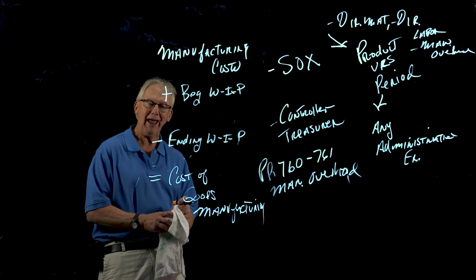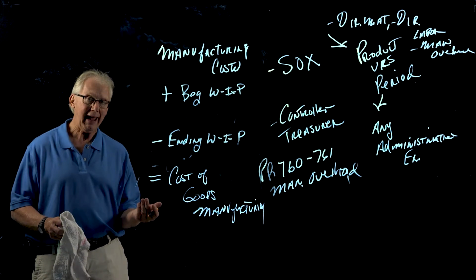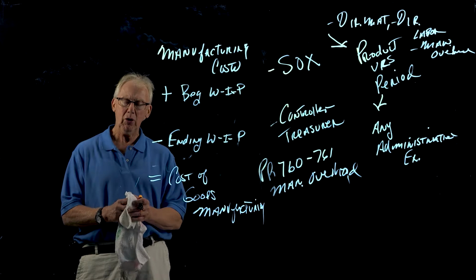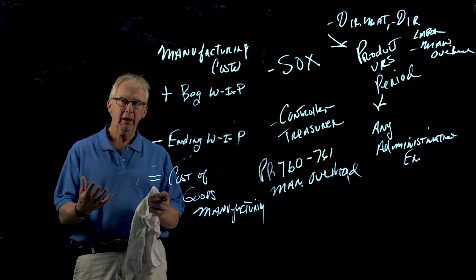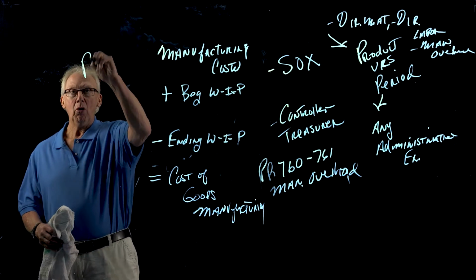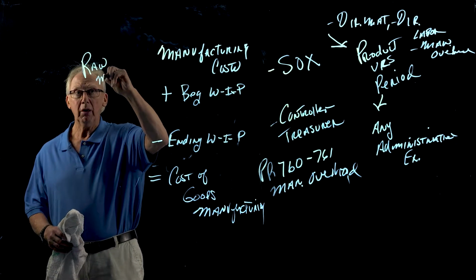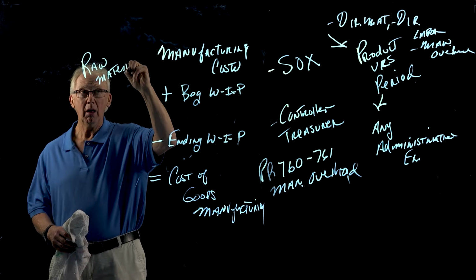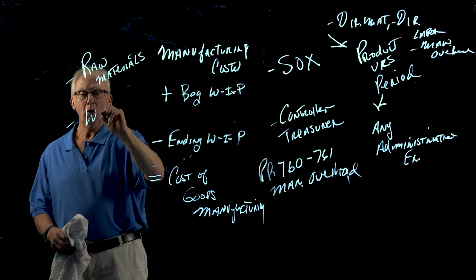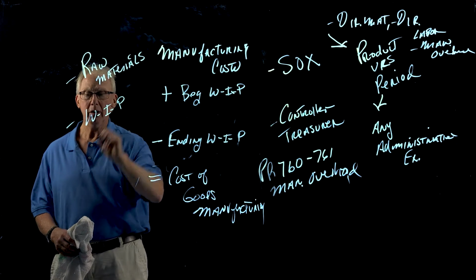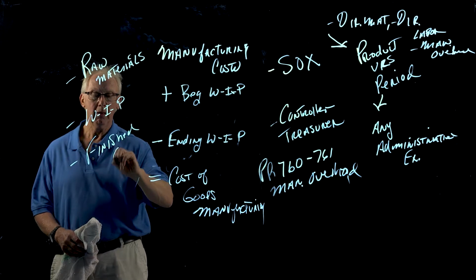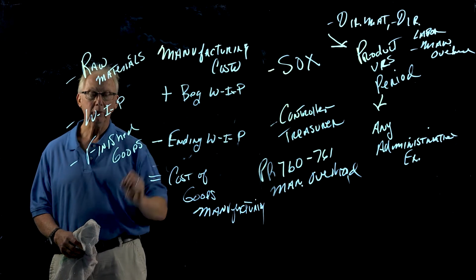Another thing in the chapter is we have 3 inventory accounts, where in Accounting 2101 you only had merchandise inventory. Well, here we have raw materials, work in process, and finished goods. Okay?